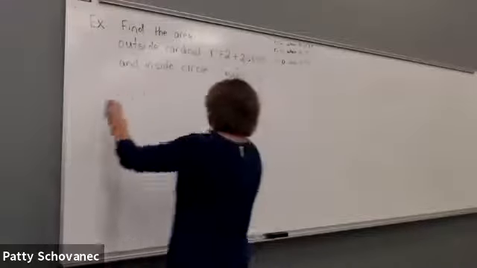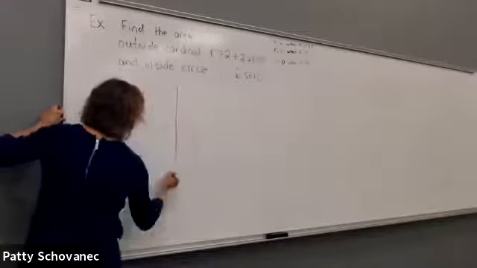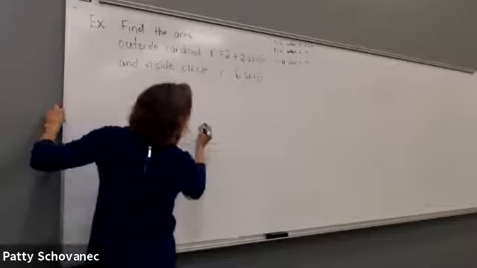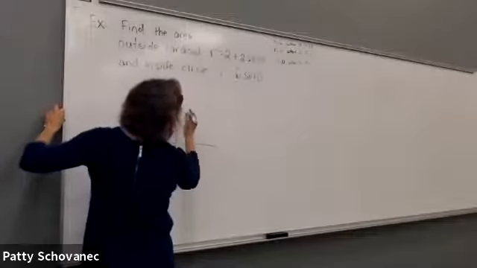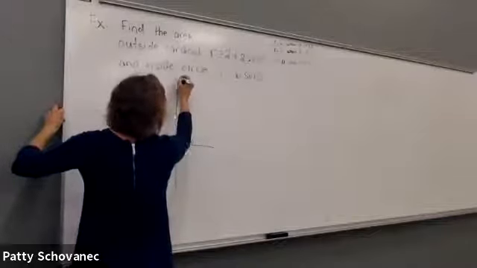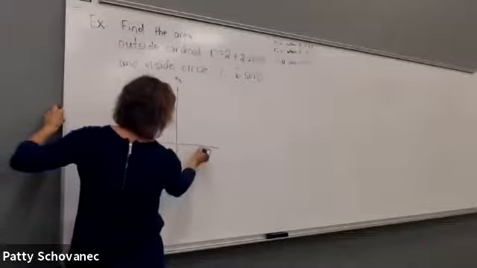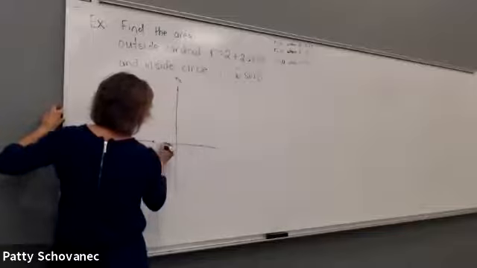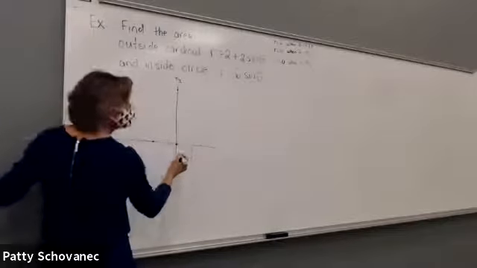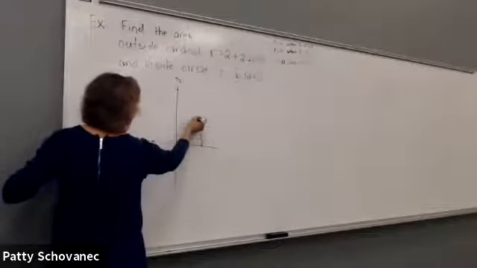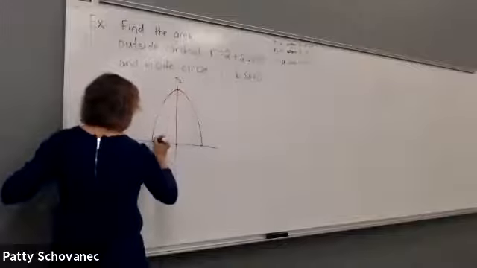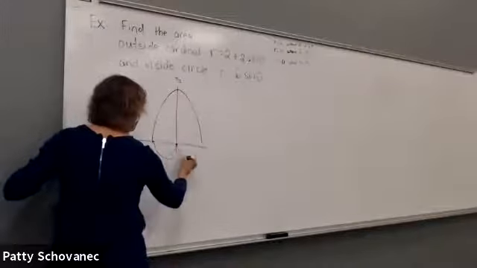So that cardioid goes, at pi halves, out here to 4. At 0 and pi, it's over here at 2. And then it goes back here. So here, to there, to there, and then back.